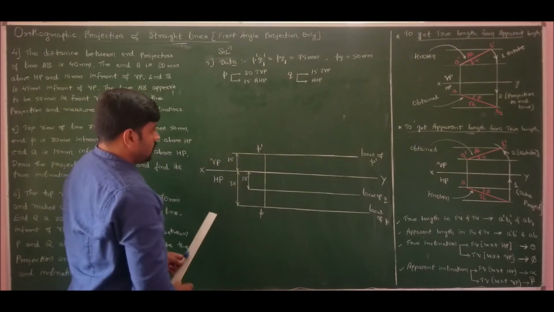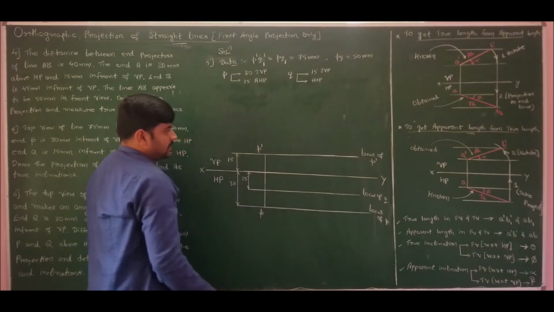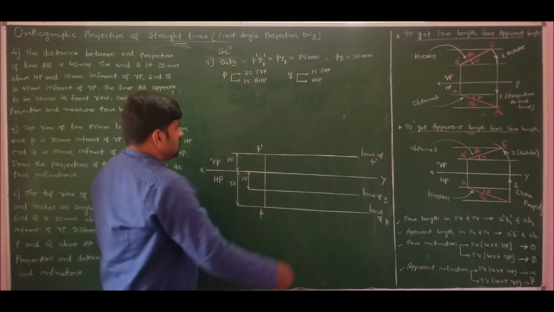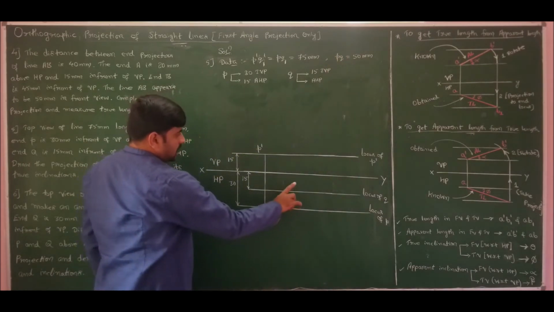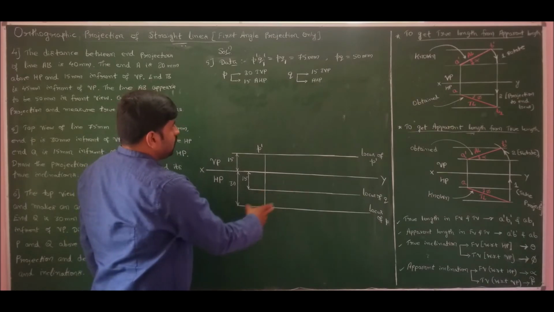So we know both the loci of P and Q in the top view. So directly I can find the true length, and the top view apparent length is also known, 50 mm. So just cut an arc for 50 and also cut an arc for 75 to mark PQ1 and PQ.